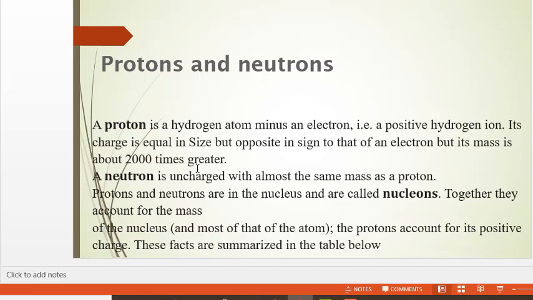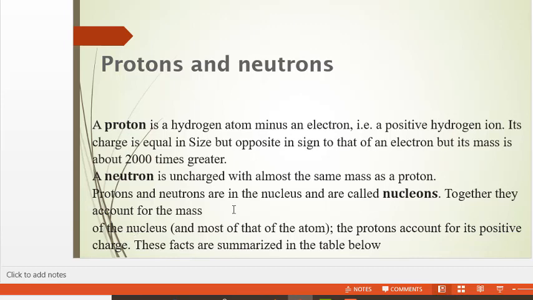So that's why there is this statement here to say together protons and neutrons, or nucleons, account for the mass of the nucleus, and most of that of the atom, because electrons contribute almost nothing in terms of mass. So protons account for the positive charge of the nucleus, because we know the neutrons have no charge.